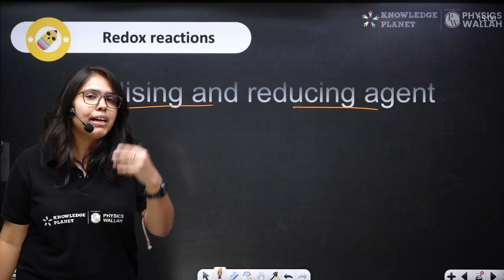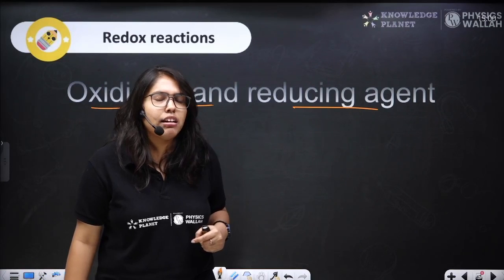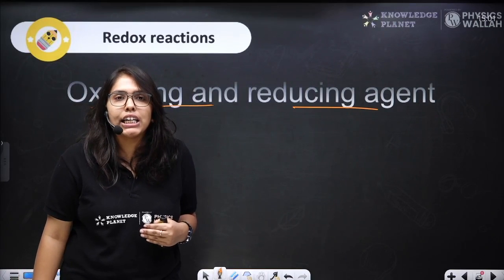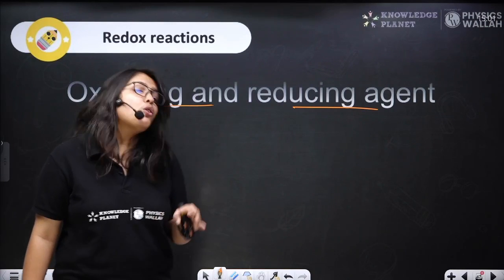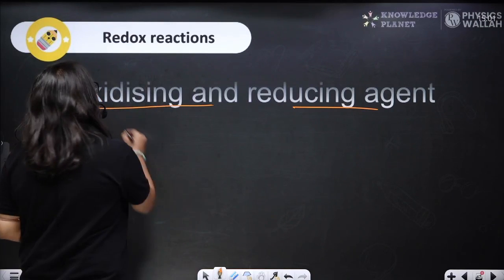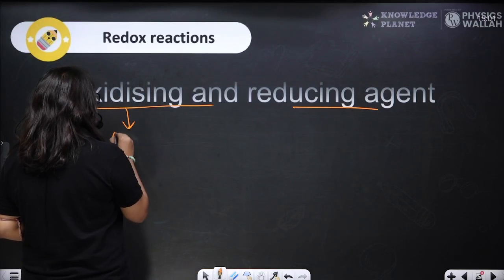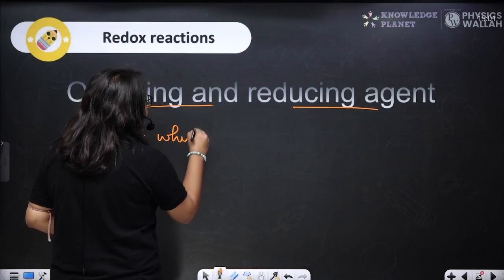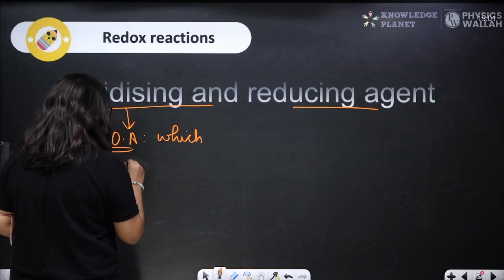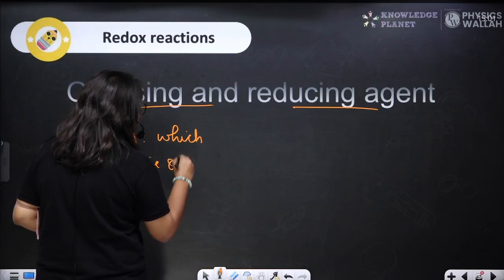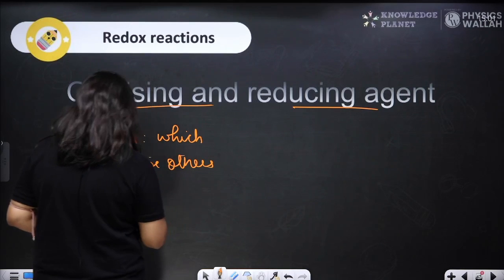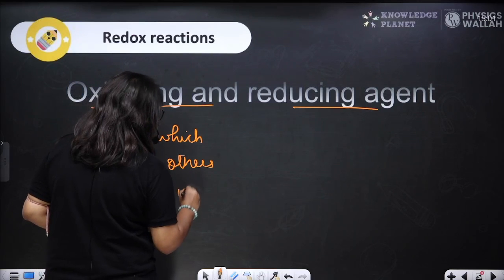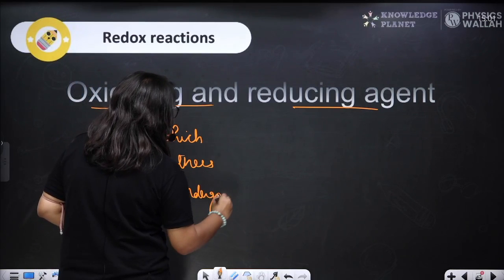That is, when you ask me for 2 chocolates out of 10, I am giving you 2, but that is reducing the number of chocolates I have, right? So what do you understand over here? Oxidizing agents, I'm writing it as OA, are those which oxidize others by itself undergoing reduction.